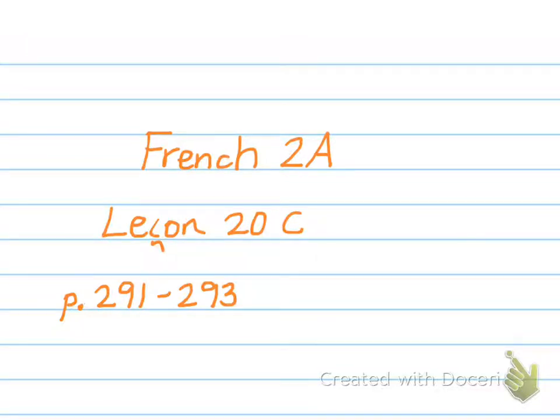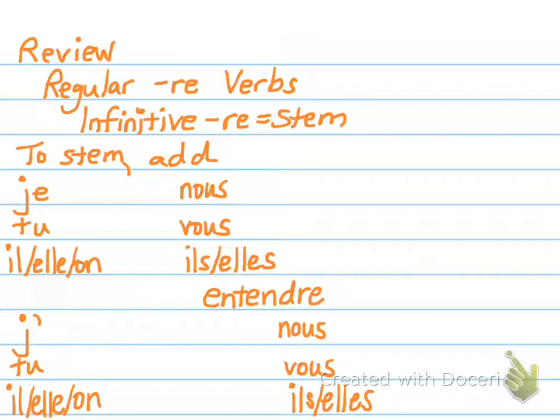We're going to begin with a review again. Remember, in this lesson is our final category of regular verb in French, the RE verb. To conjugate a regular RE verb, you start with your infinitive, you remove the RE, which gives you your stem, and then to your stem you add endings.